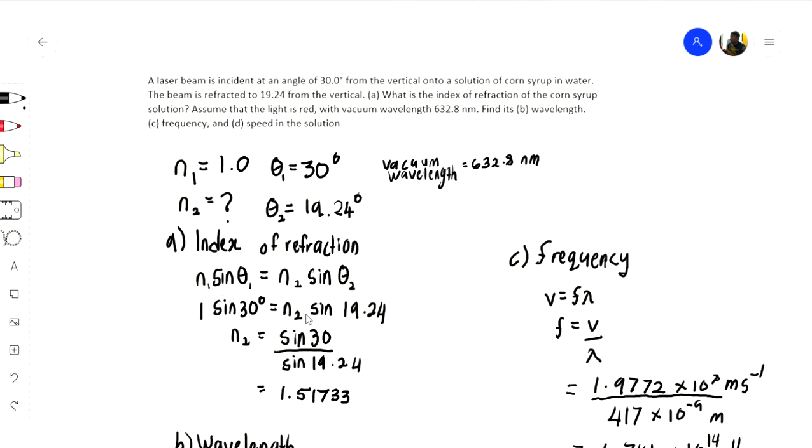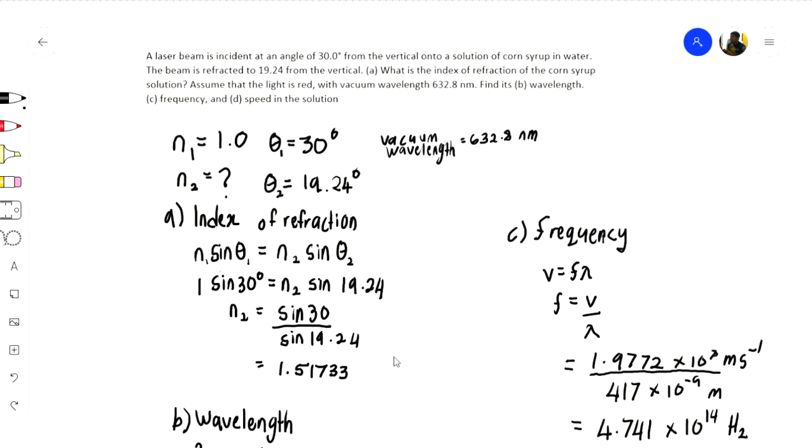Here we want to find n2, the index of refraction for corn syrup. So we move sin 19.24 to the other side, and then we calculate. We will get 1.51733.